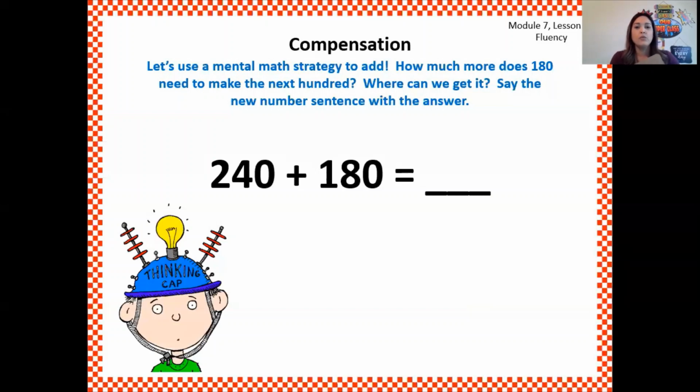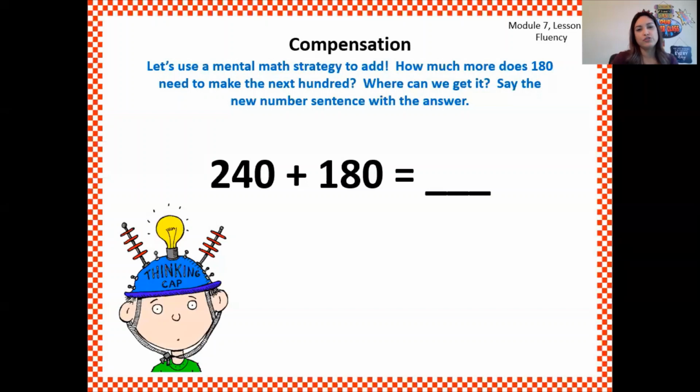Next one, 240 plus 180. What does 180 need to get to the next 100? 20. Where do we get them from? 240. So we take 20 from 240. What does 240 have left? 220. Very good.